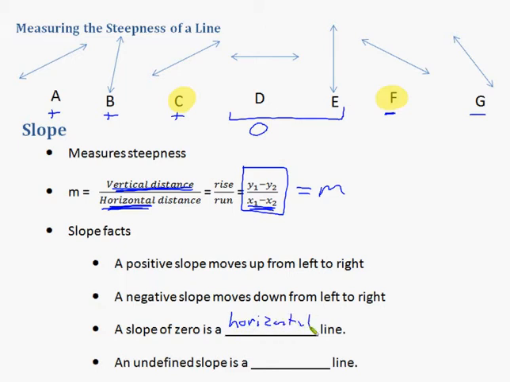An undefined slope, or really the ultimate steepness, you can't get any steeper than it, is a vertical line. And so those are important things to know about slopes. Positive slopes move up left to right, negative slopes down left to right. Slope of 0, which is a number, is a horizontal line. And a vertical line has undefined slope.